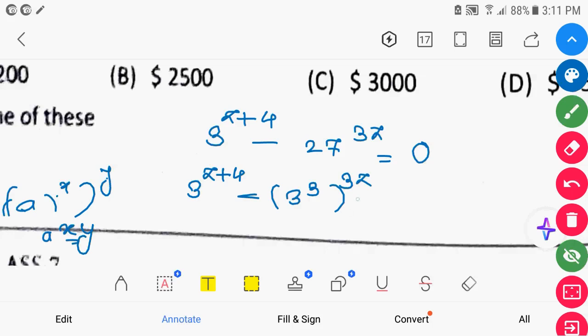Okay. So multiply. So it becomes 3 raised to z plus 4 minus 3 raised to 9z is equal to 0. Which means 3 raised to z plus 4 is equal to 3 raised to 9z.